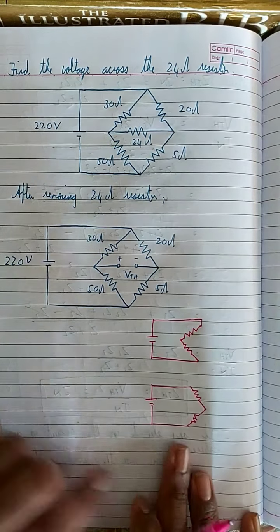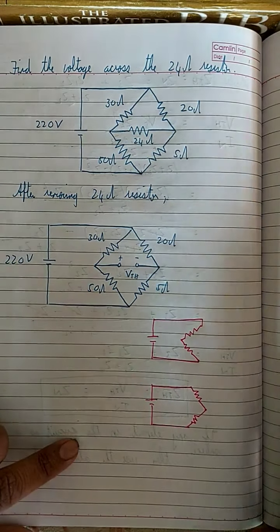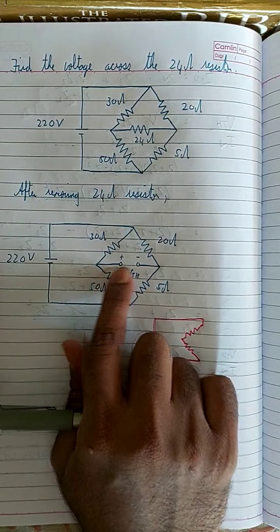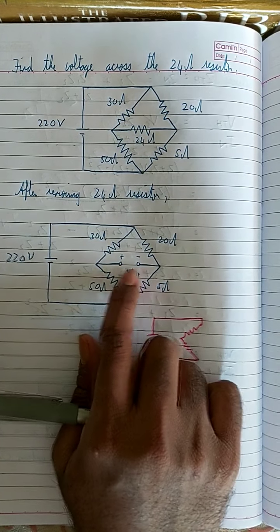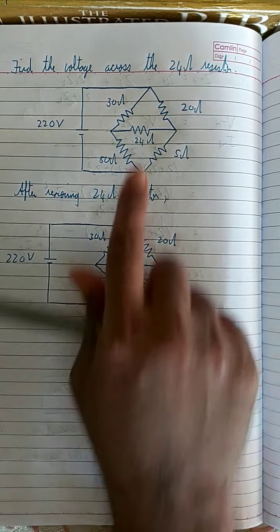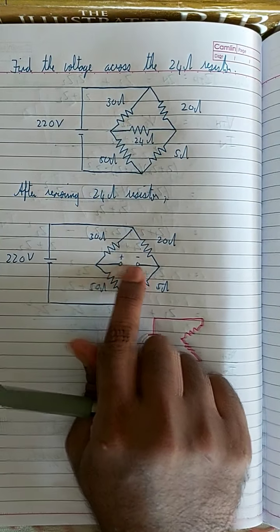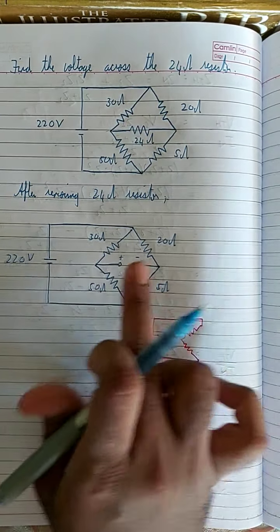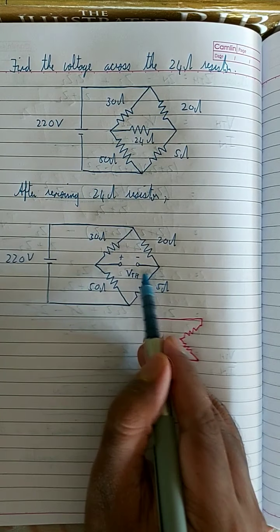If you look over here, no current is flowing in this branch, because like we have already learned, this is an open end, right? If you remove the load, then this is an open end, so no current will flow through this branch.